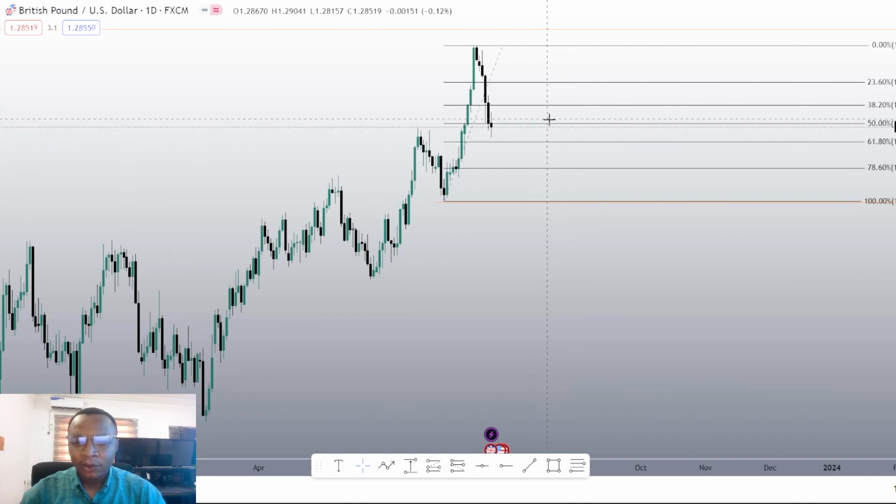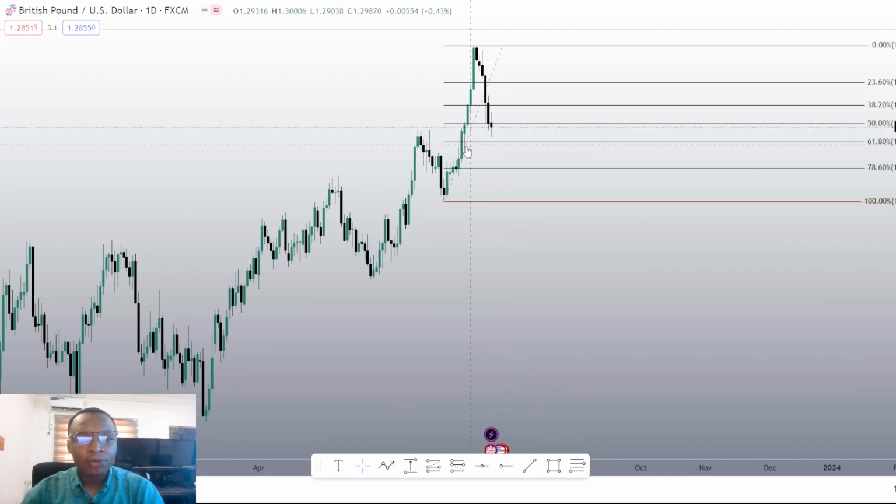So price has given us a 50% retracement off the whole bullish swing. From this stage, you should be expecting some form of bullish return. You should be expecting the price to return back to a bullish trend from this place. So a resumption of the bullish trend is what we expect right from this particular region.